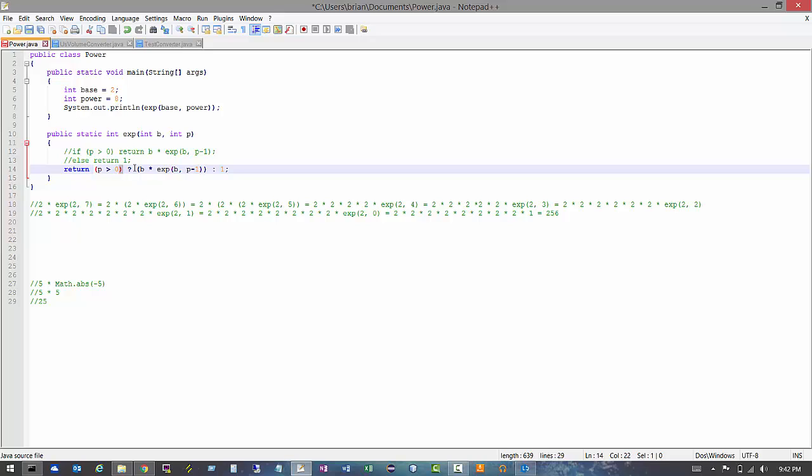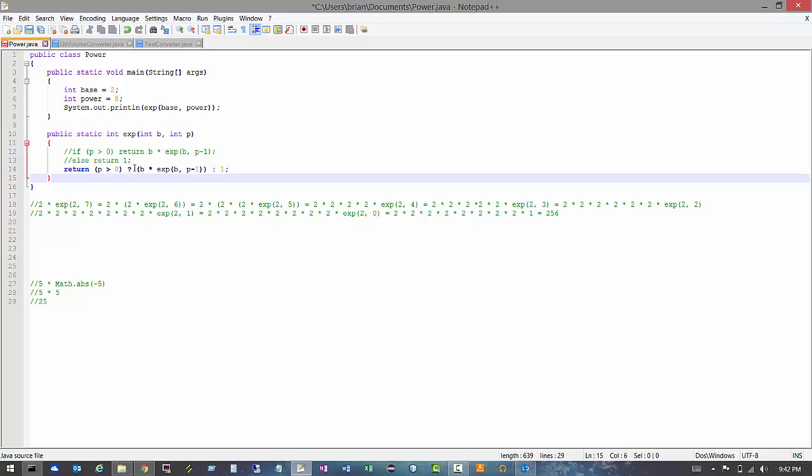We're basically saying evaluate this. If it's true, the answer's here. If it's false, the answer's here. It's a shortcut. If that doesn't make sense, use that up there. But for those who see that and go, oh, that makes sense: evaluate this, the answer for true, the answer for false. Ternary operator. It's kind of cool to learn.